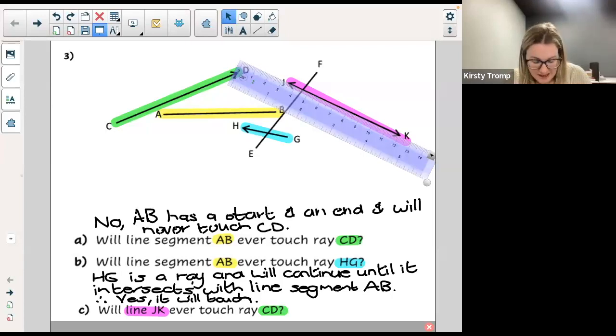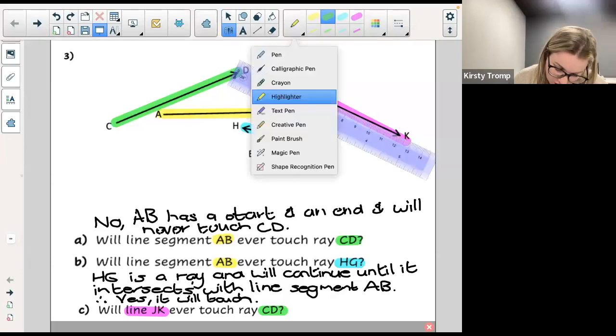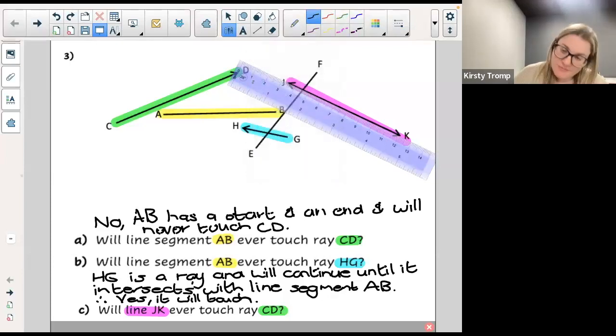Hi, Christian. Are you going to tell us, will line JK ever touch ray CD? Yes, ma'am, because JK is a continuous line in from both ends. Fantastic. CD is a ray that will also continue to the top, and JK will also continue, they'll meet. Well done.